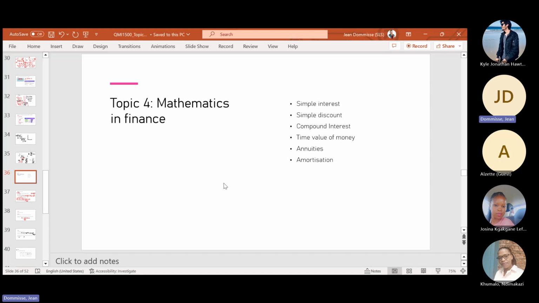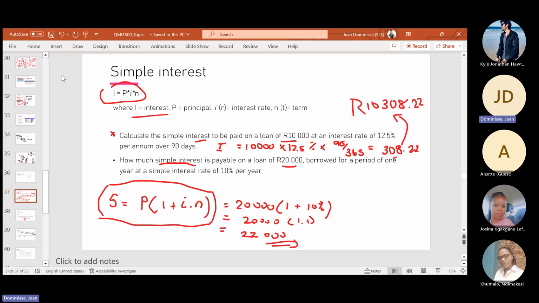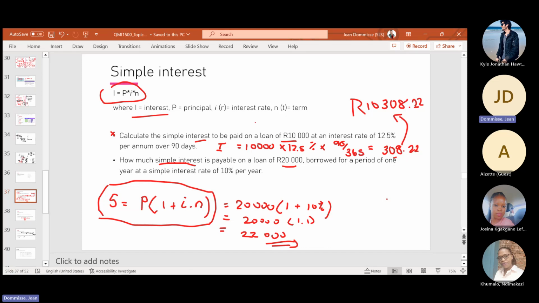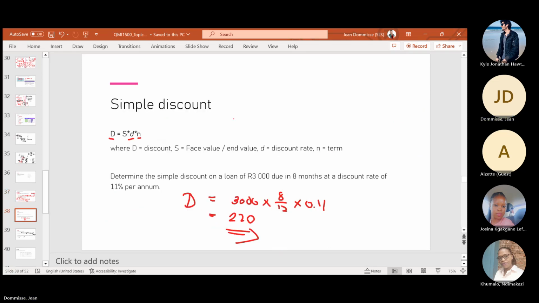Okay, so we started off last time looking at simple interest. We also looked at how to work out a simple discount rate.